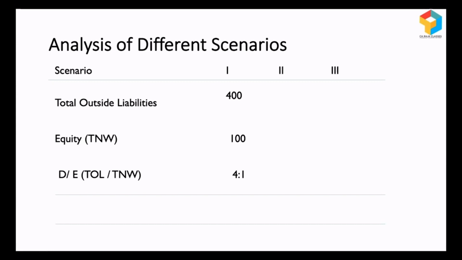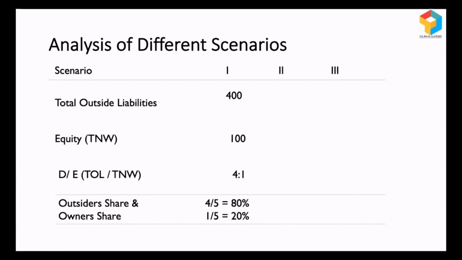That is, if this business is raising 5 rupees, outsiders are contributing 4 out of 5, that is 80%, and owners are contributing 1 out of 5, that is 20%. They are contributing only 20%, and remaining 80% have come from outsiders.